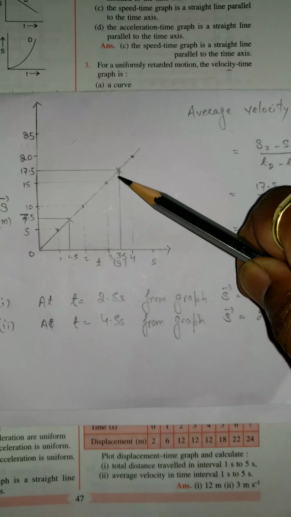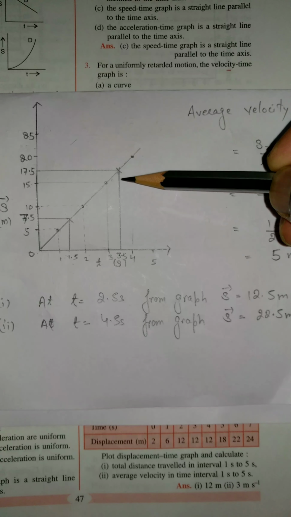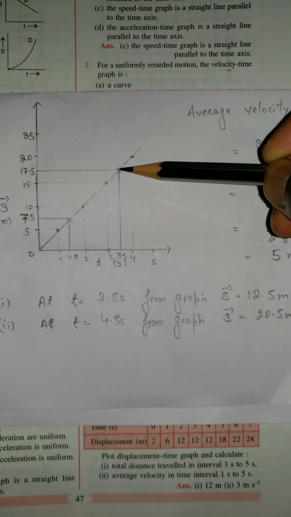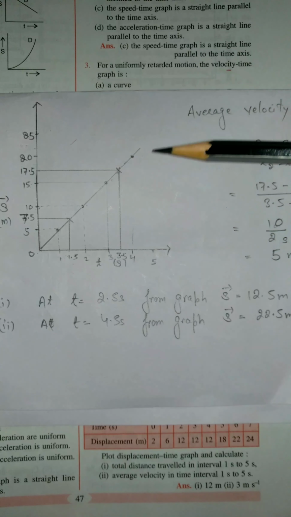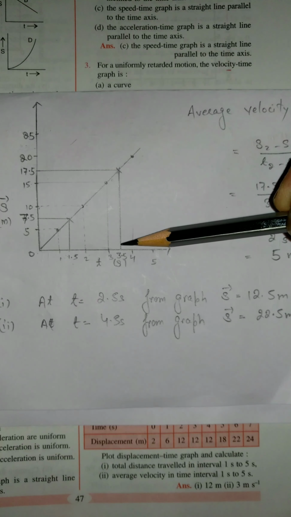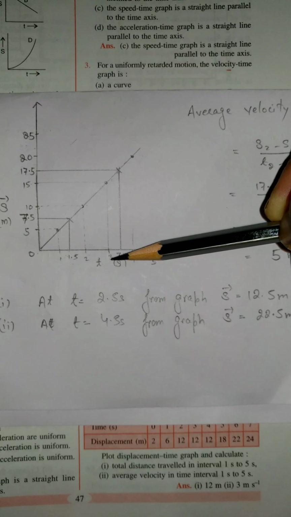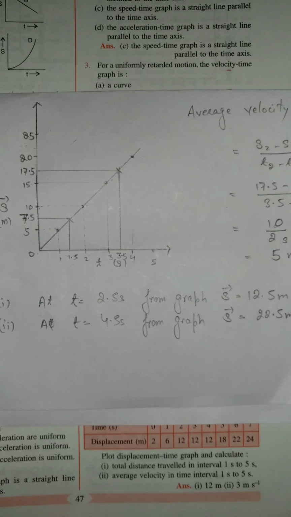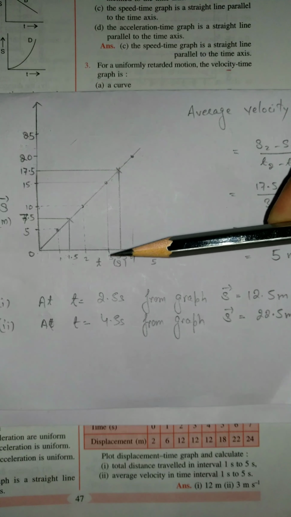I have chosen these 2 random points. For this point my displacement will be 17.5, which is between 15 and 20. And if I drop a perpendicular on the x-axis, I'm getting a point between 3 and 4, which is 3.5. So these are my values of S2 and T2.